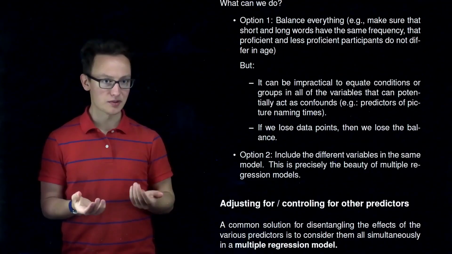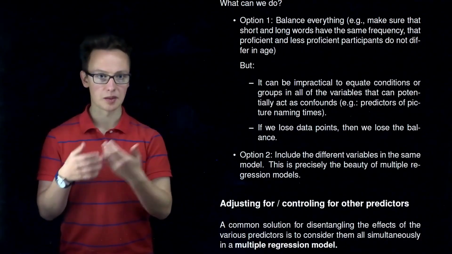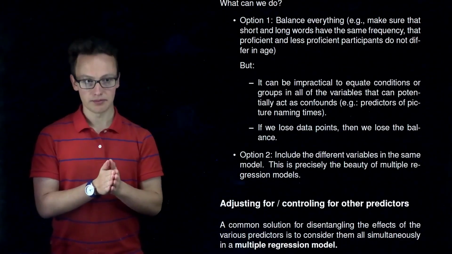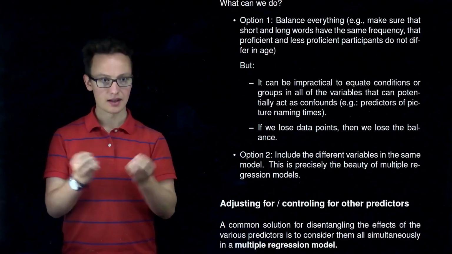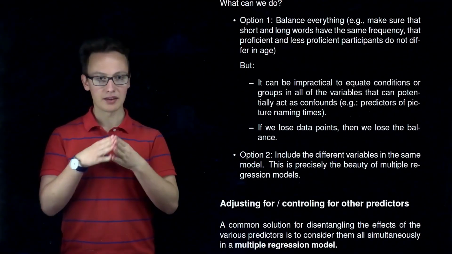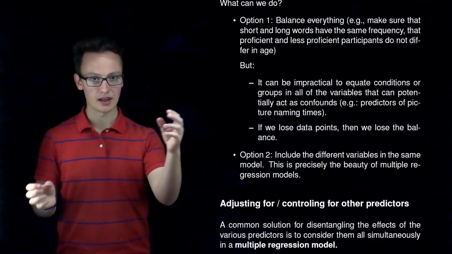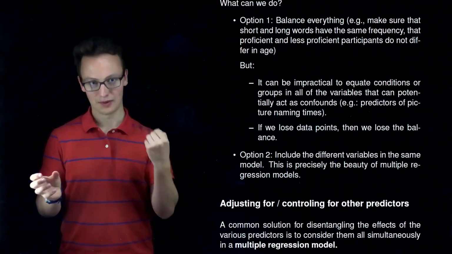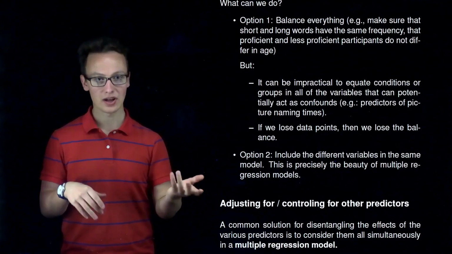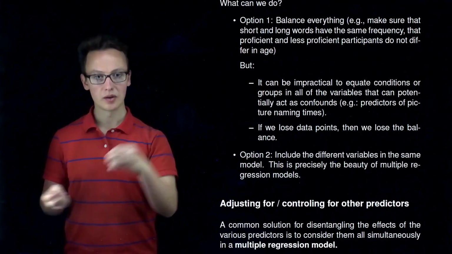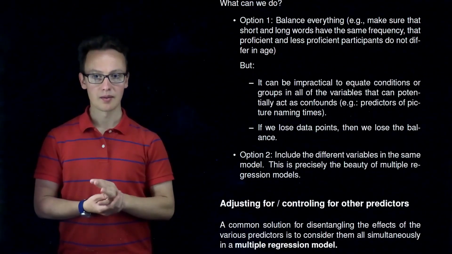The reason why it's useful is that by including both predictors, age and proficiency, we're automatically disentangling the effects of these predictors. And really the slope that we will have for proficiency will be just the variance of proficiency, of which we have already taken away the confound with age. And likewise, the slope we find for age will be just the pure age variance, of which we have taken away the confound by proficiency.